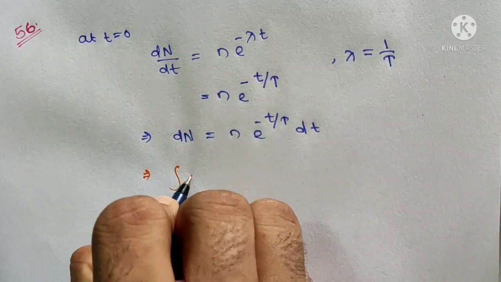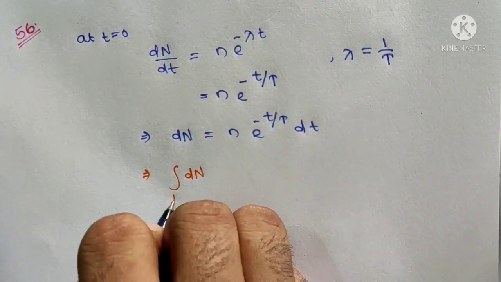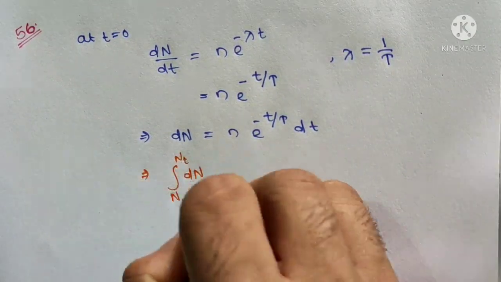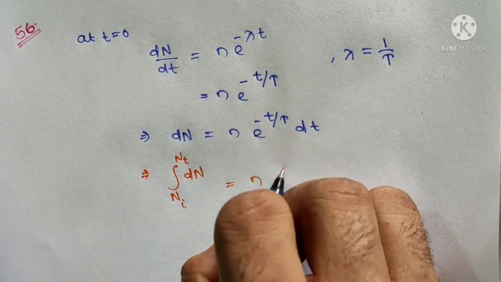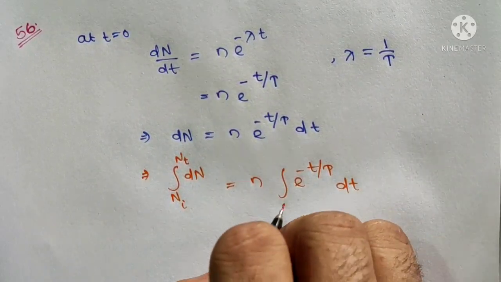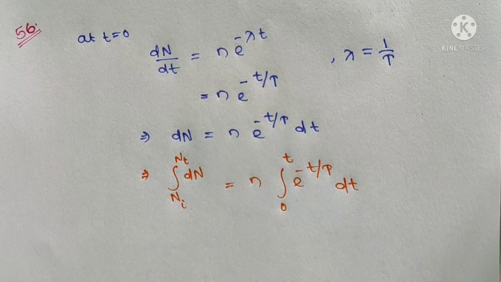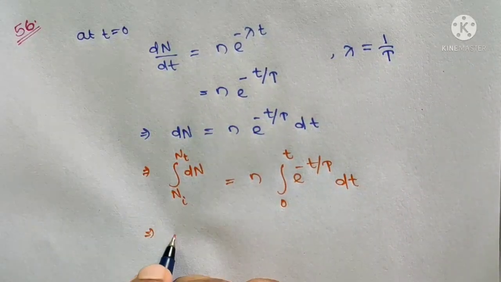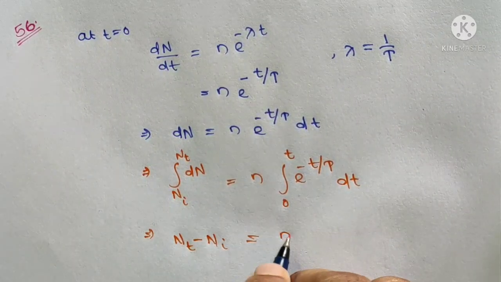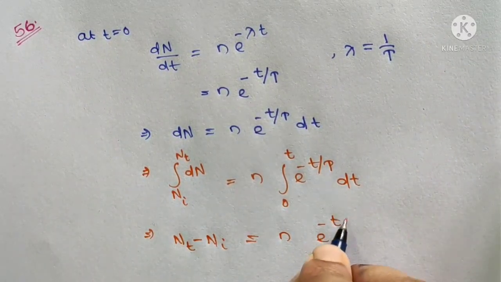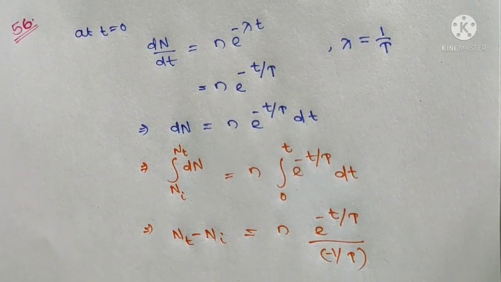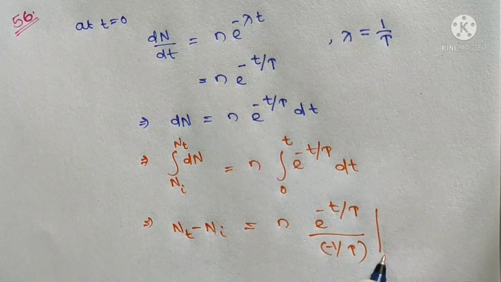So integral of dn from initial n i to n t equals n exponential minus t over capital T dt from 0 to t. So from here the number of decays n i equals n exponential minus t over capital T times minus 1 by t, limit from 0 to small t.